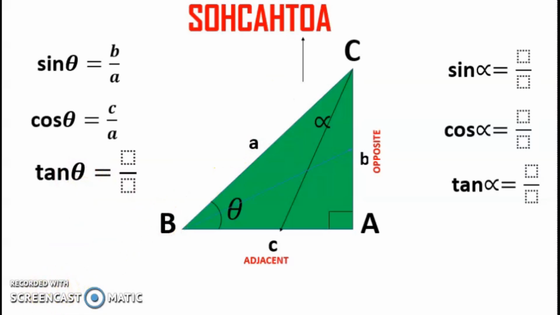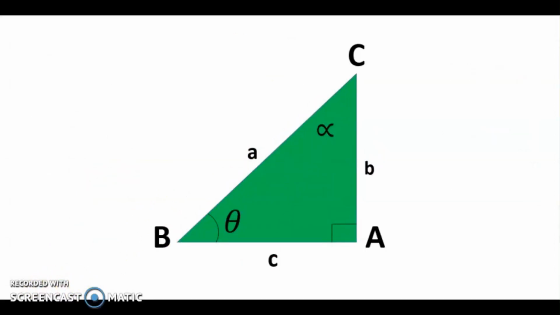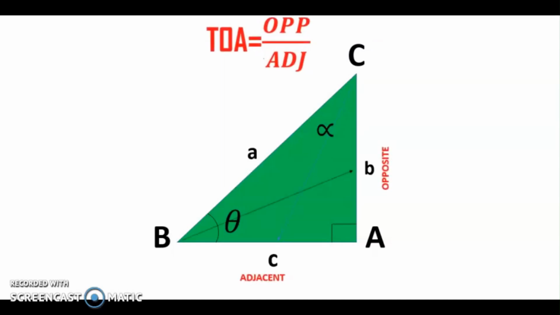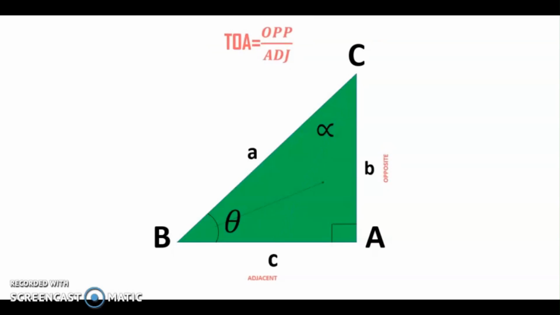So TOA simply means opposite over adjacent. And based on this diagram, our opposite is small letter B, while our adjacent is small letter C.